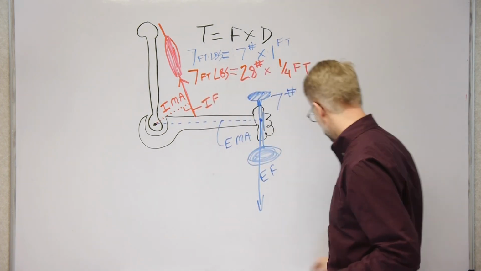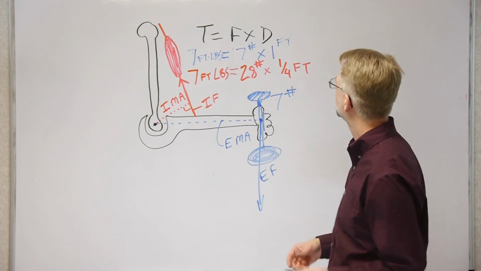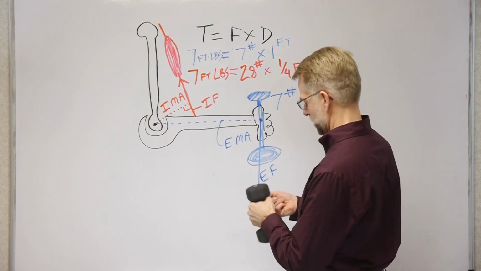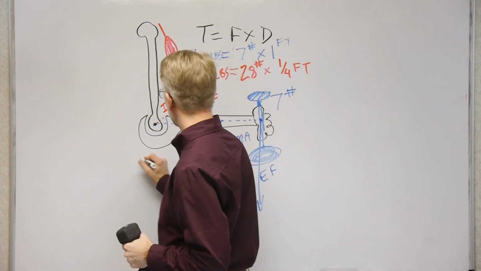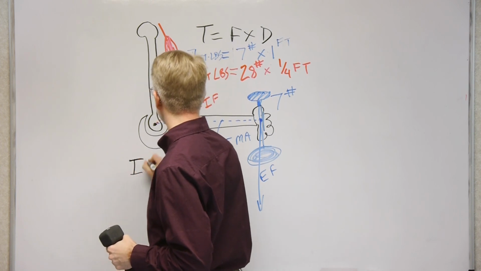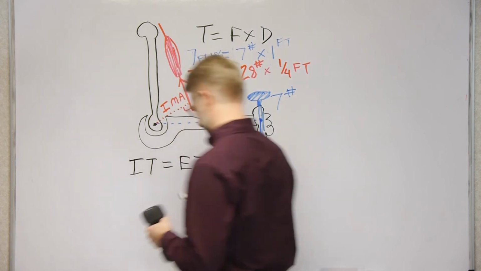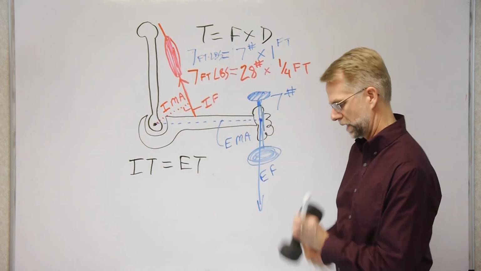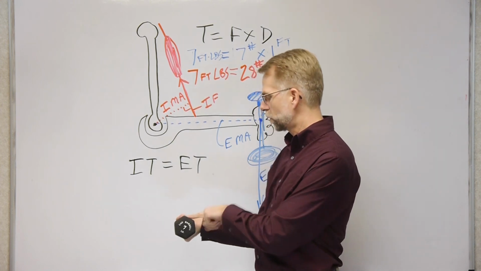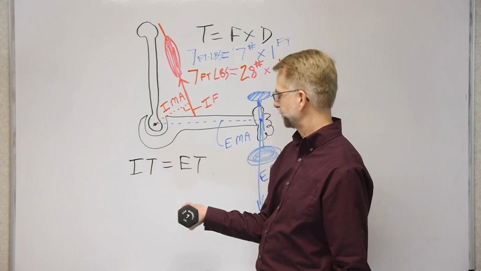So just to relate those then to other concepts that we have learned in terms of muscle contractions, okay? When your internal torque is equal to the external torque, so for example, I have my 7-pound weight here, the weight just stays there and it doesn't move.